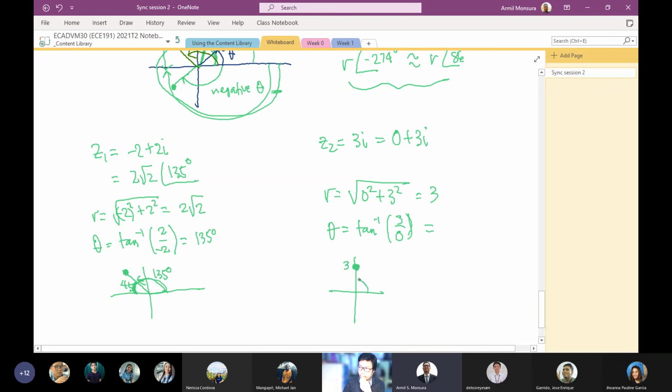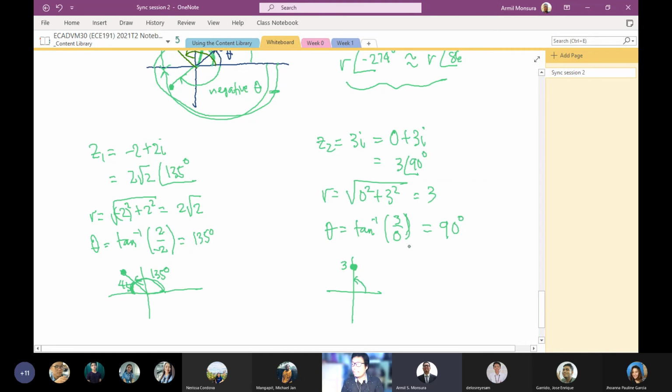Ito yung angle na hinahanap ko. What is the angle here? 90 degrees po. So this is 90 degrees. So therefore, in polar form, this is 3 angle 90 degrees.